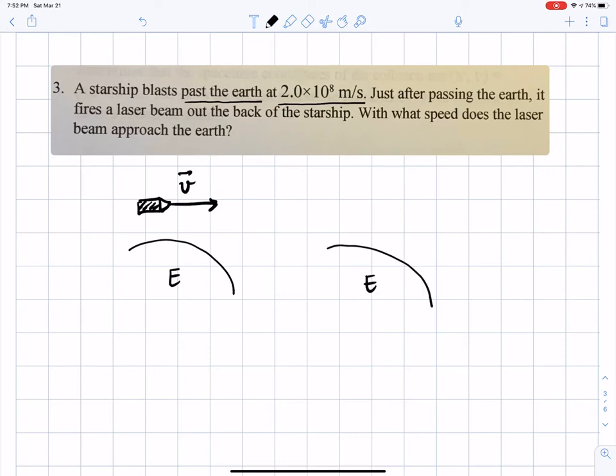Somewhere here is the end of the starship, and it's still continuing its movement with a velocity v.